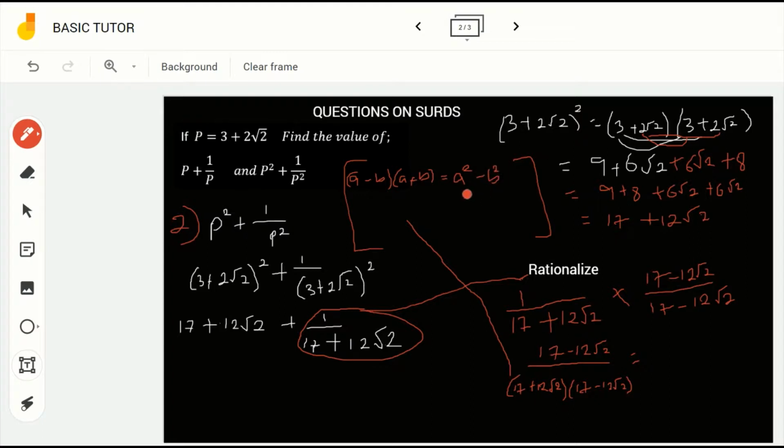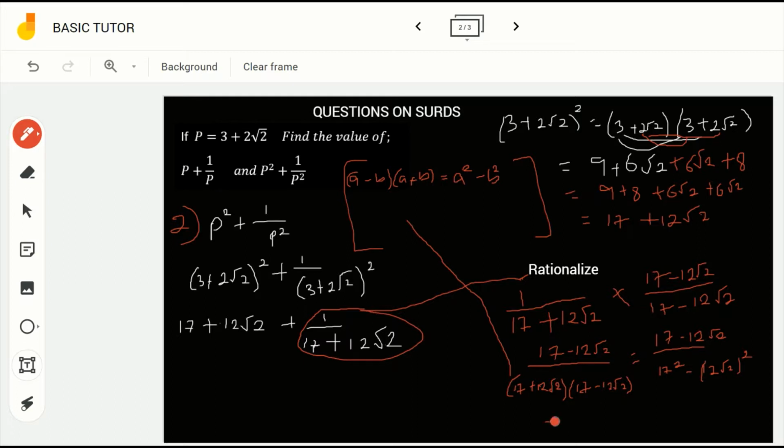I can apply this concept here, so we have 17 squared minus 12 root 2 squared. You can either expand this or use the difference of two squares method.